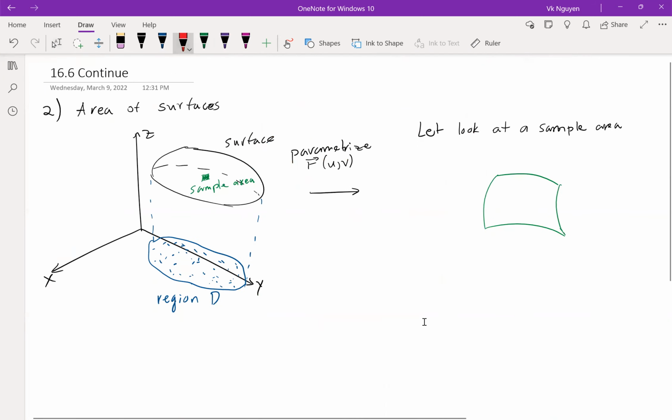So one of them is going to be a function of u, and then another one is going to be a function of v. Well, we want to make the tangent vector the smaller the better. So we use du of u and dv of v.